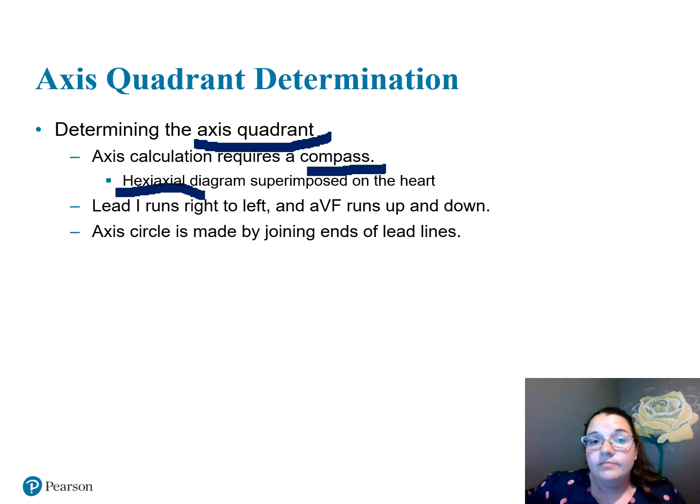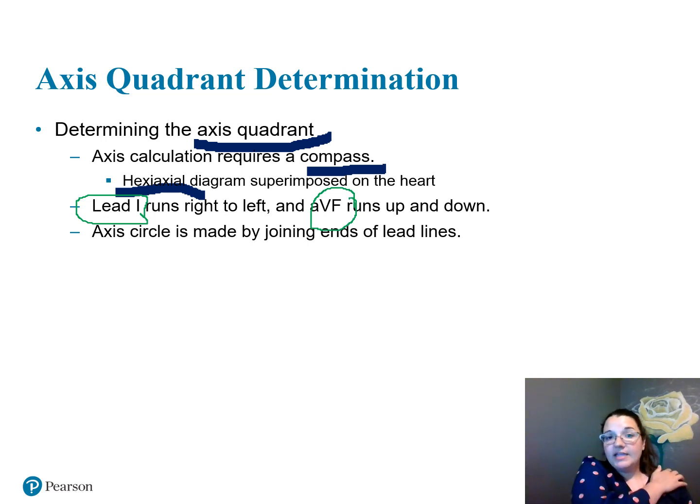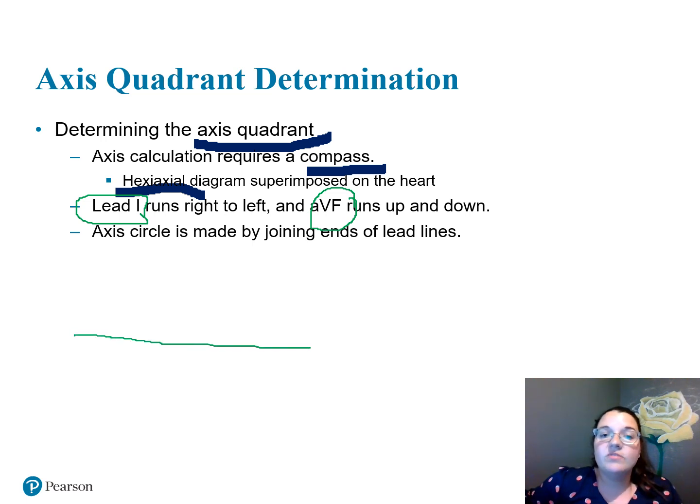Leads 1 and AVF are the two leads we're going to look at to determine that axis quadrant. Remember, lead 1 from right to left, and AVF is up and down. So if you imagine lead 1, my right arm to my left arm, AVF is that left leg, right? And it's going to go up and down.